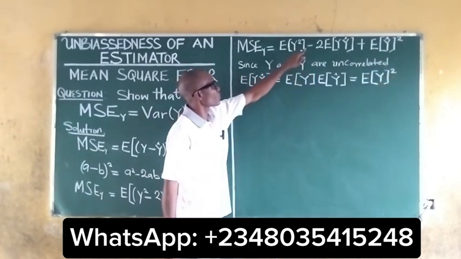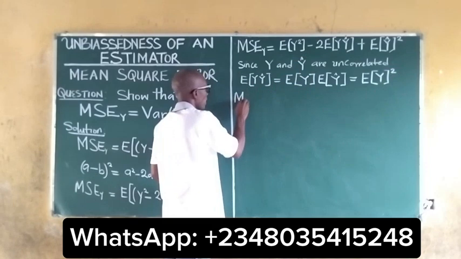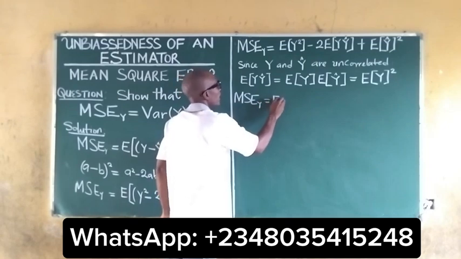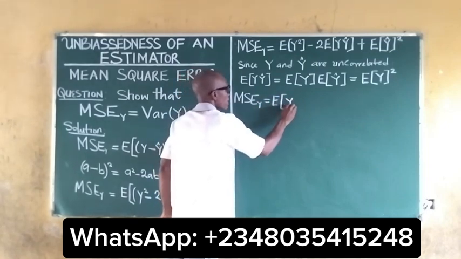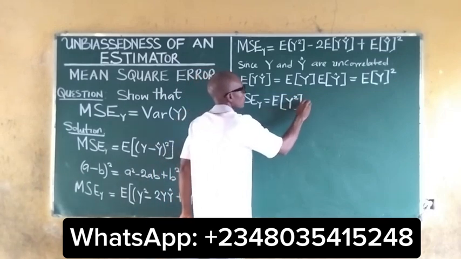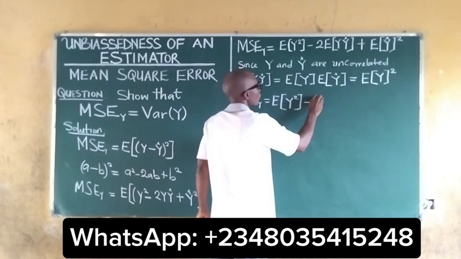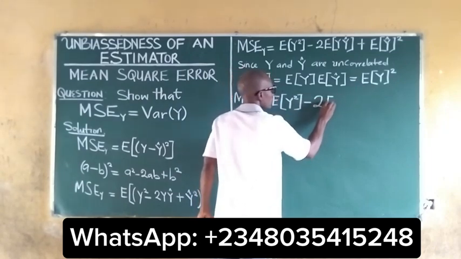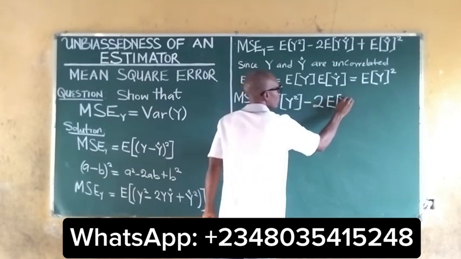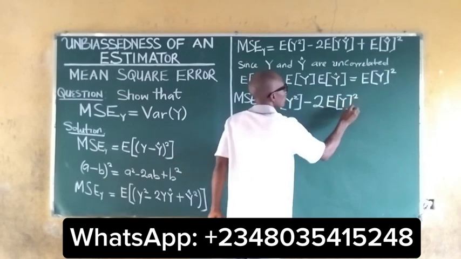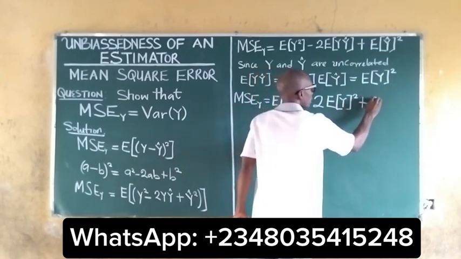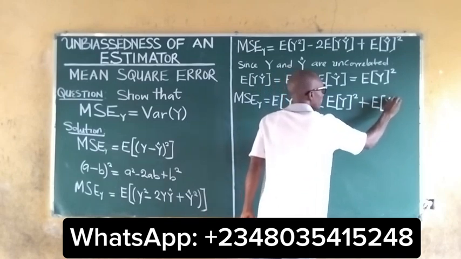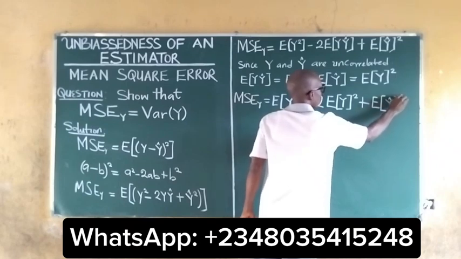So substituting this into this, we have that our mean square error of y can be written as the expected value of y squared minus 2 the expected value of y all squared plus the expected value of y all squared.